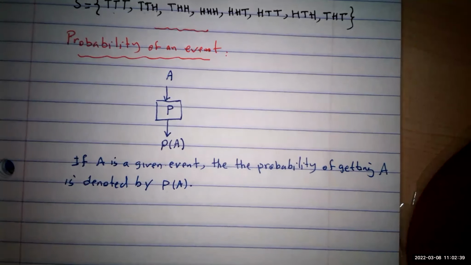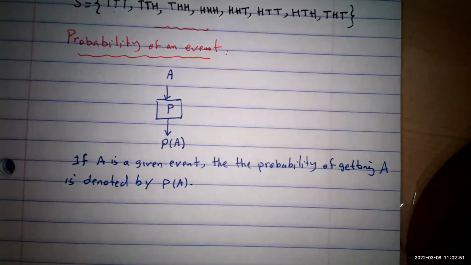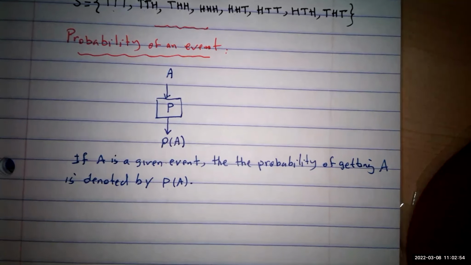But the question is how we are going to find it. How are we going to find the P of A? In order to find the P of A, we have 3 cases, and eventually we have formulas. Some people say there are 3 types of probability. They are not types. They are the ways you are going to get the probability of this event.